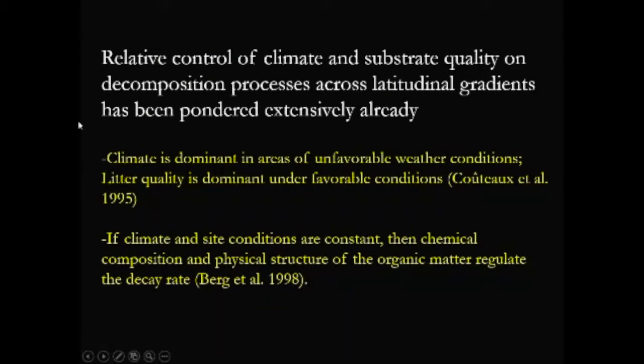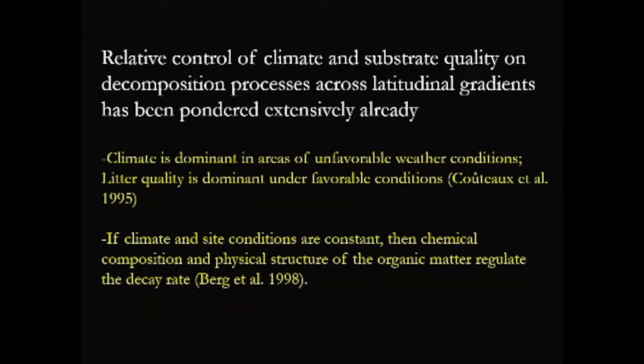So the relative control of climate and substrate quality on the decomposition process across latitudinal gradients has been pondered quite extensively already in the literature. Climate seems to be the dominant determinant of decay in areas where there are unfavorable weather conditions, while litter quality seems to be the dominant factor in sites where there are favorable conditions.